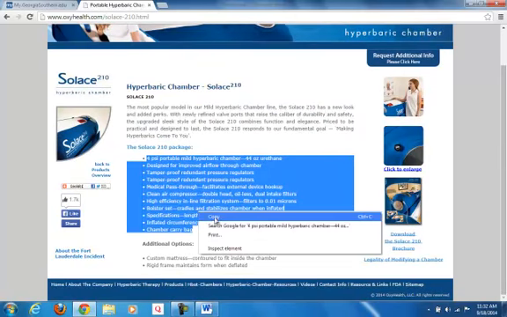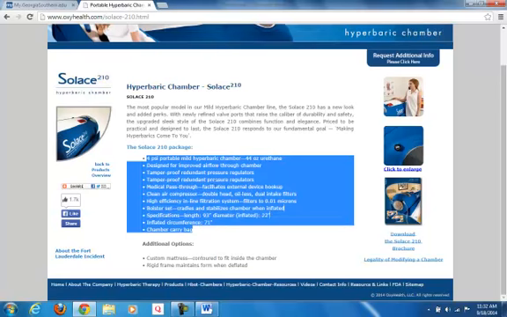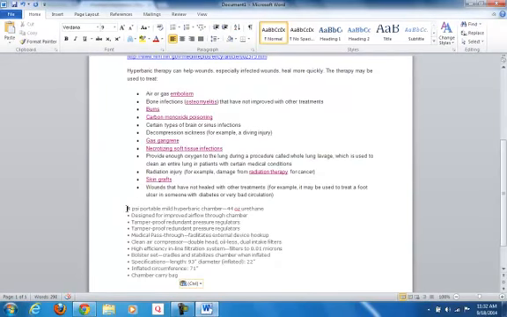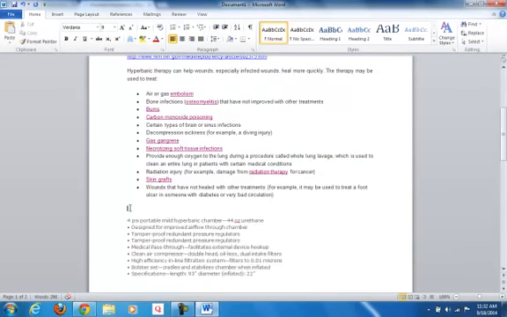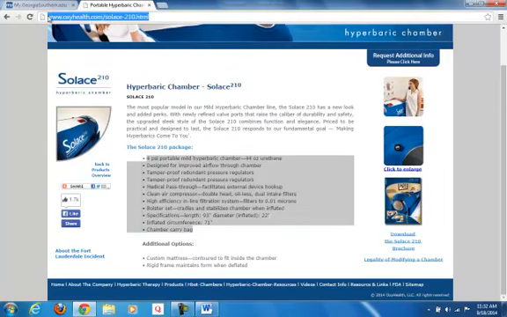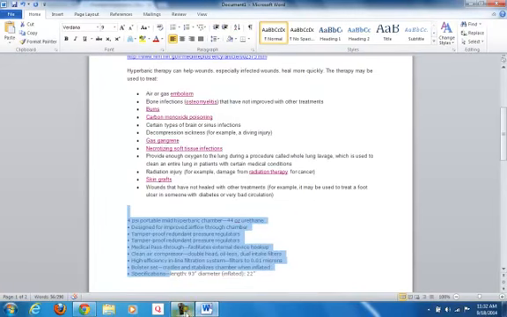So I'm going to copy that because that has a lot of information about what actually composes a hyperbaric chamber, especially a portable one. So make sure I get the place from where that was. I don't want to not have that.